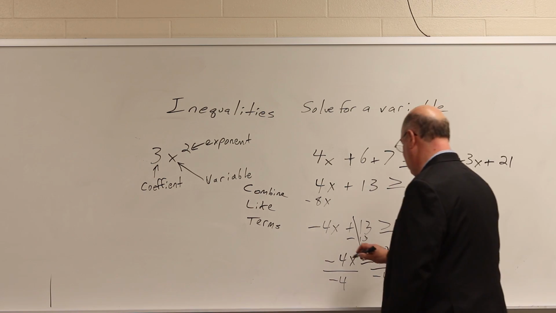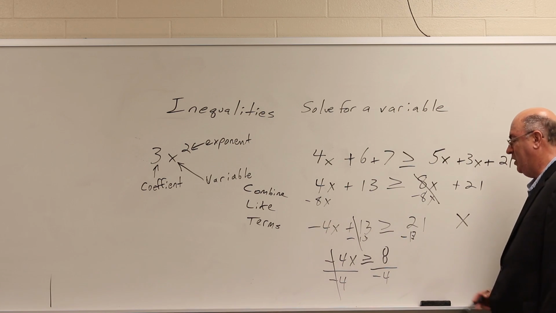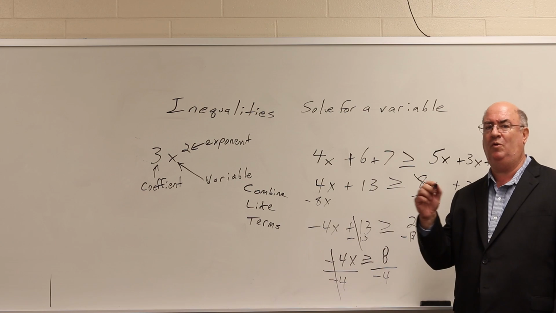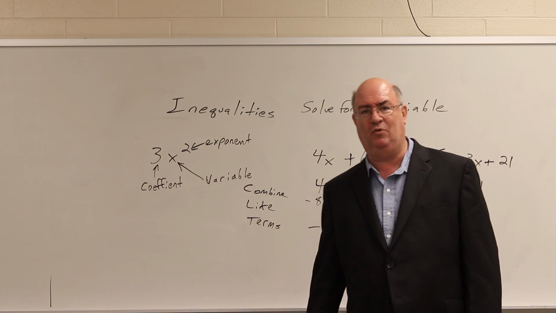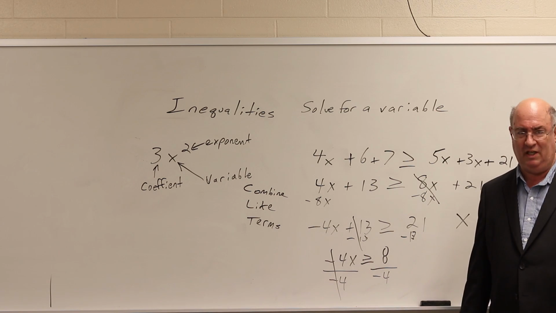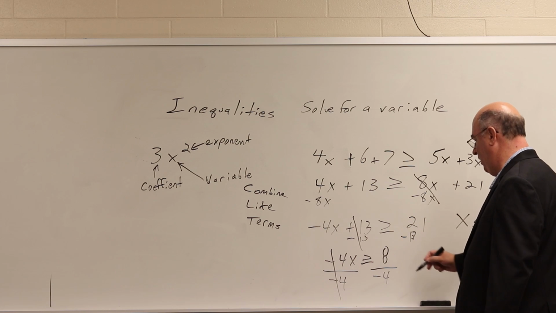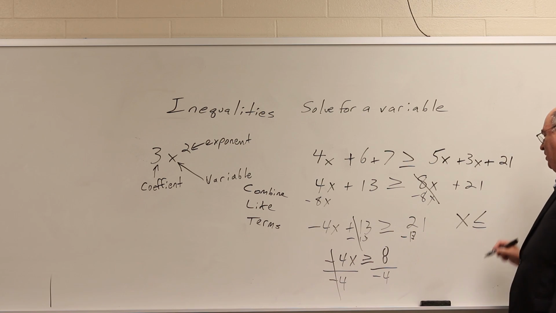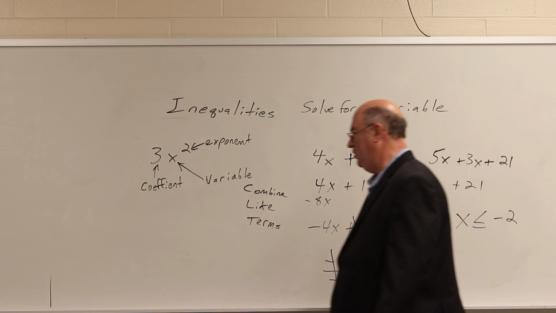So on the left side, x is x, right? Correct? X is x. When it goes from a negative coefficient to a positive coefficient, it flips the inequality sign the other direction. So what was greater than or equal to is now less than or equal to. So it flips the sign, 8 divided by negative 4, now we've got a negative number hanging out on the right. So x is less than or equal to negative 2.